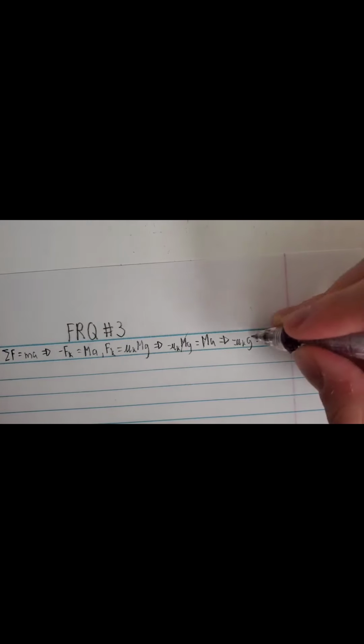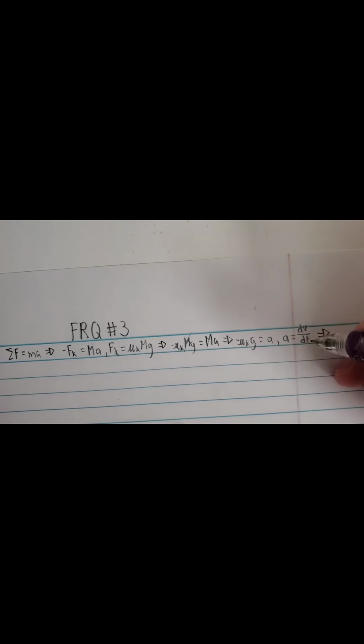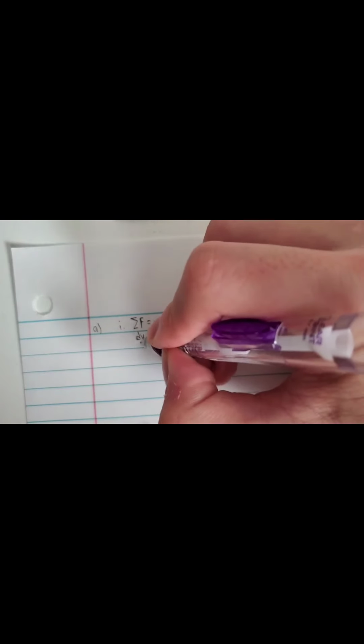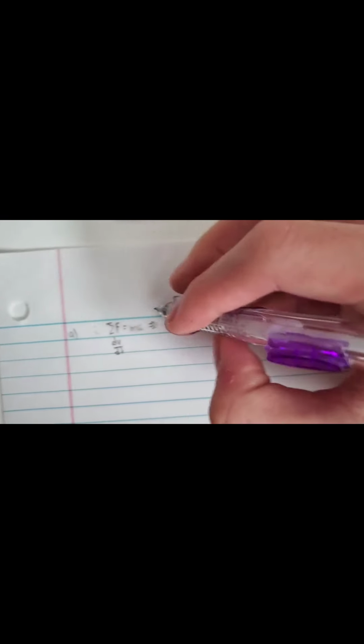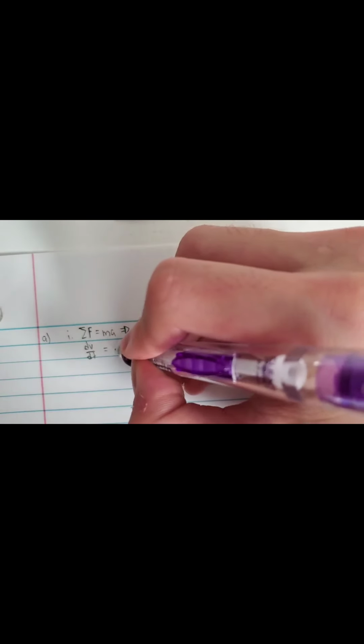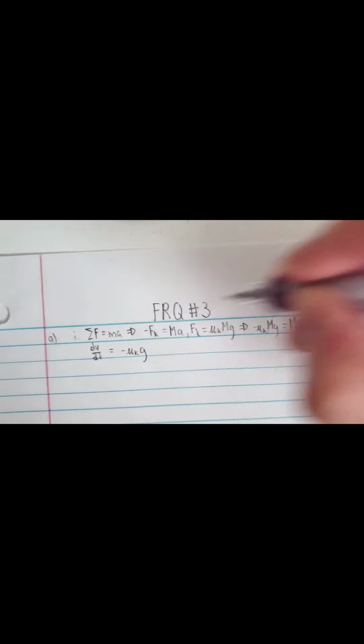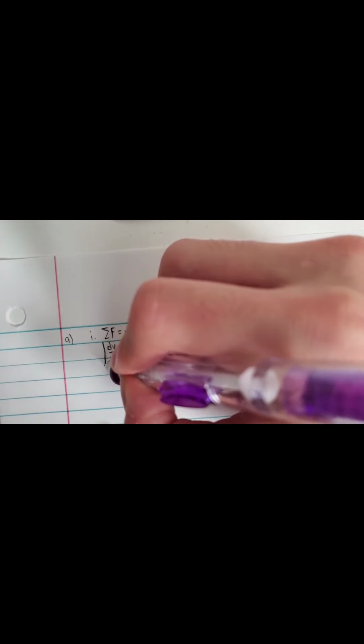I can substitute this into my equation to write my differential equation. So substituting this in for a, I'm going to have dv dt, that's a, equal to negative mu k times g. And that is the equation I'm looking for.